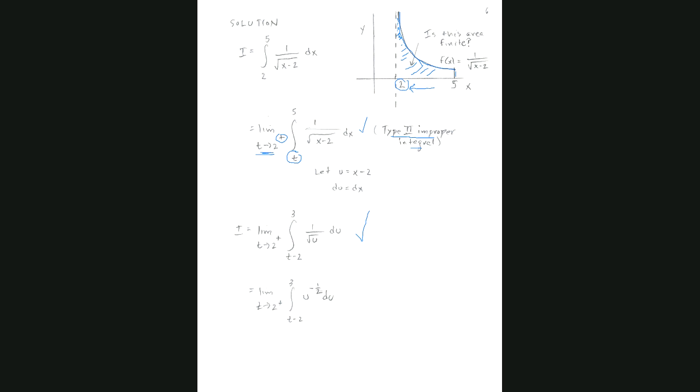The 3 limit comes from 5 minus 2, right? And the bottom u limit is t minus 2, because when x is t, u is going to be t minus 2, since u equals x minus 2.